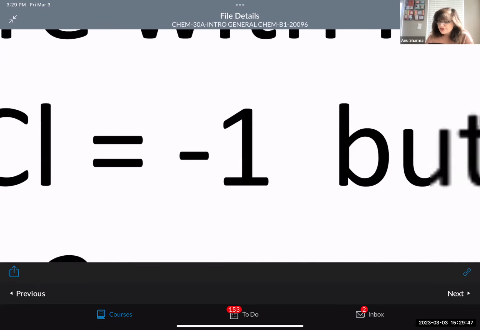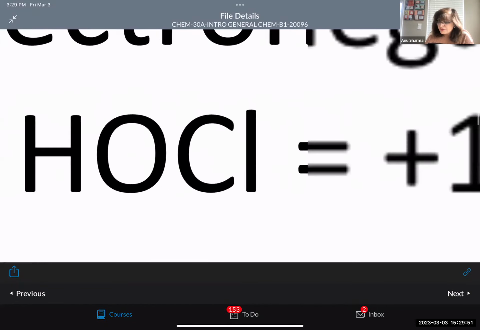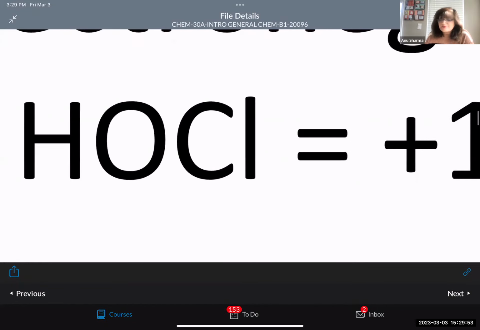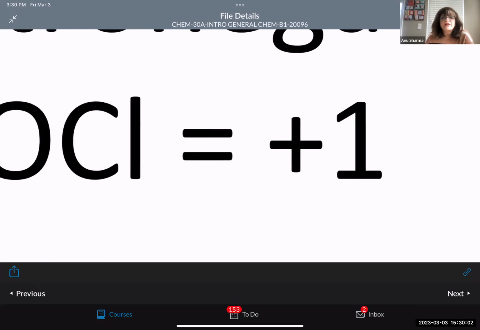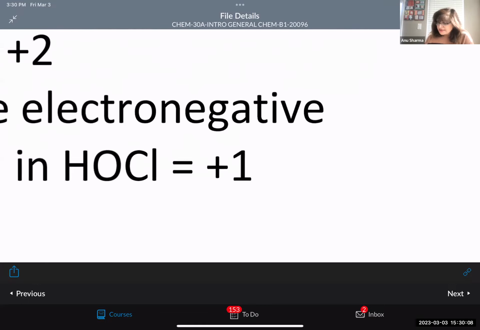But when chlorine combines with a more electronegative atom such as oxygen, as in HOCl, oxygen is more electronegative than chlorine. In that case, when you do the calculations, you will see that chlorine has a +1 charge.